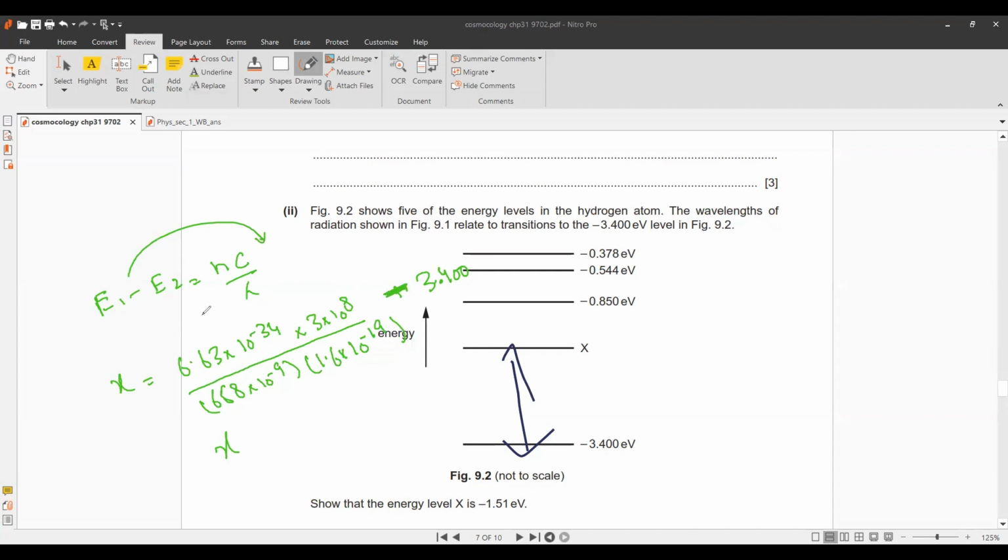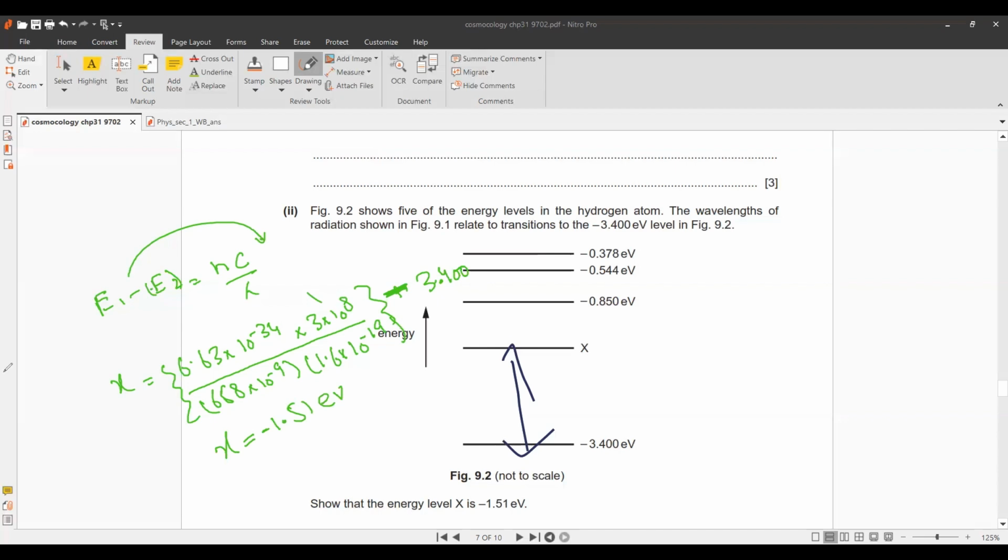We'll also get minus, because this minus into minus energy level will become positive, and when we take it to the other side, it will become negative again. What is the value of X? It should show minus 1.51. Is it 1.5 after this calculation? Yes, minus 1.51 electron volt. Okay.